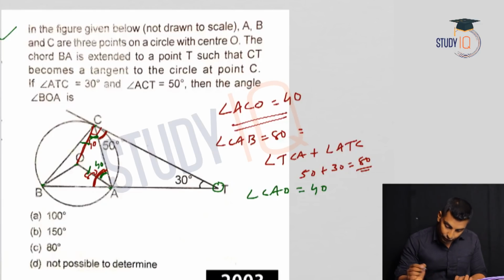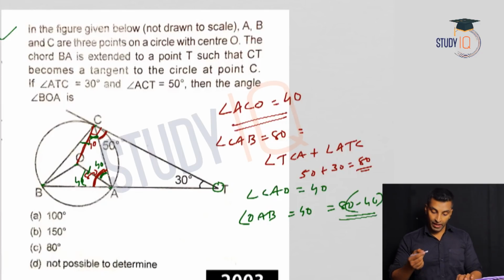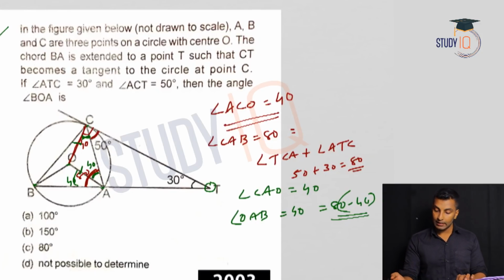So I can mark this as 40. So obviously this angle is going to be 40 because total is 80. So angle OAB is also 40 because 80 minus 40. The total is 80, and we know CAO is 40, so 80 minus 40, we got that as 40. So angle OAB is 40.